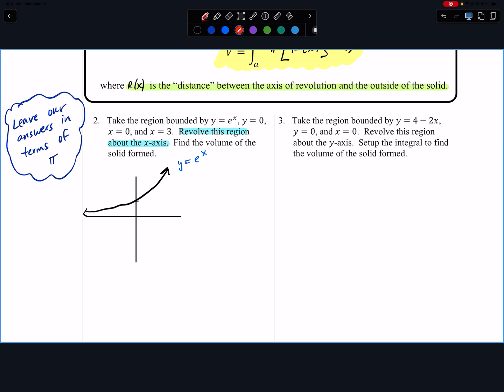X is equal to 0, do you guys agree, is this boundary right here? And then x is equal to 3 would be this boundary right here. I'll make that look better.